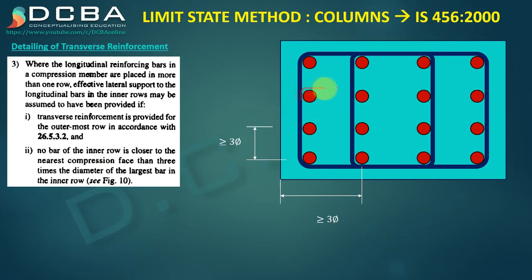Otherwise we would have to provide them like this also. So generally transverse reinforcement for longitudinal bars has to be provided in 2 directions, but this clause is exempting us. It is giving that exemption that if the distance is greater than 3 times diameter from the compression face, then we can provide only in one direction. Okay.